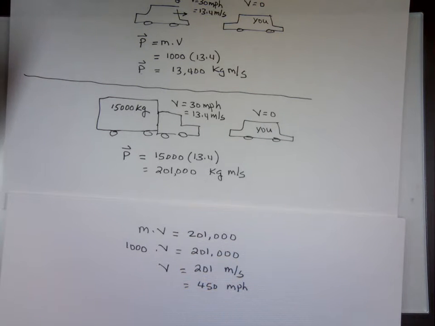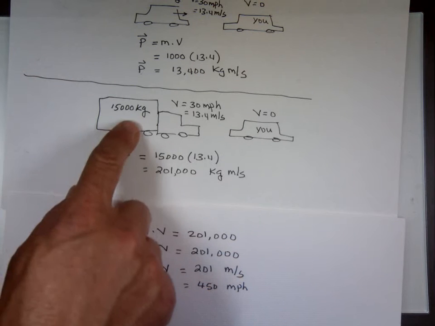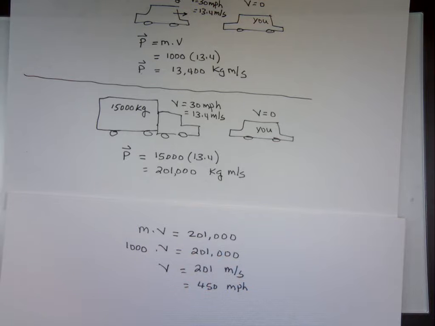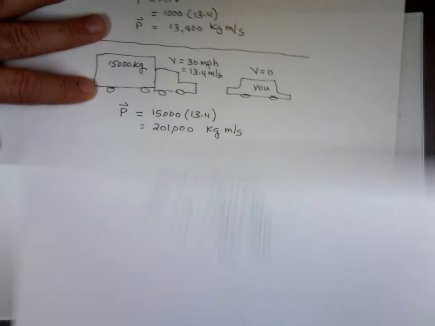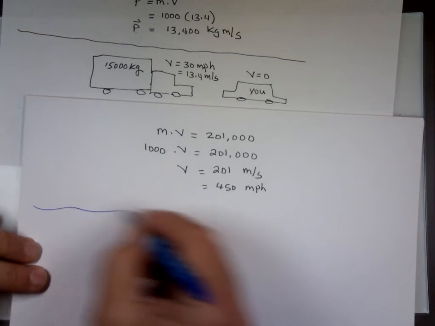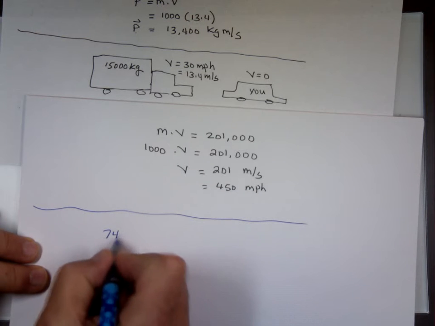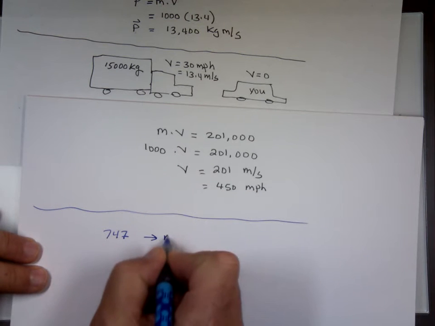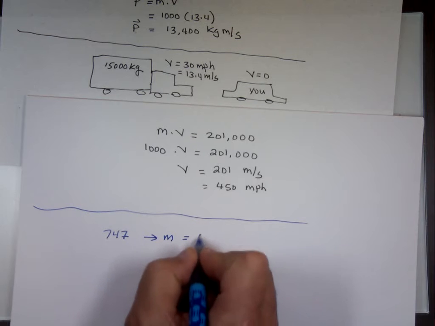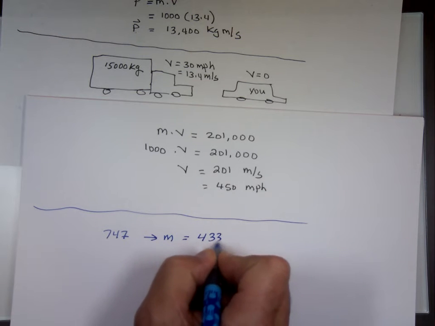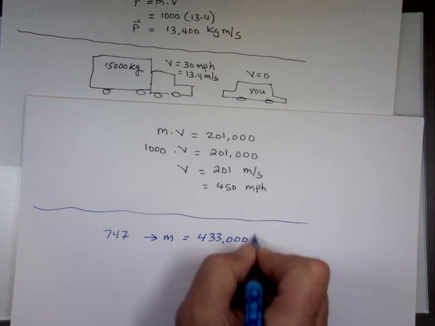That plane weighs 433,000 kilograms. This is 15,000. So compare that to a 747, which has a mass, when it's fully loaded, of 433,000 kilograms. Not 15,000.